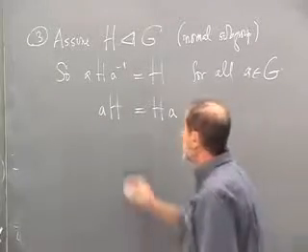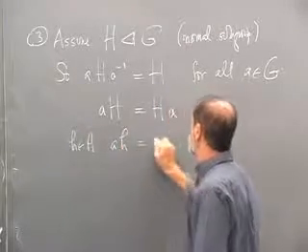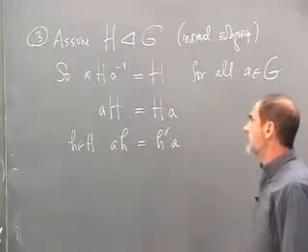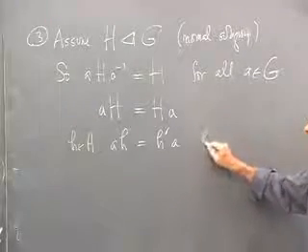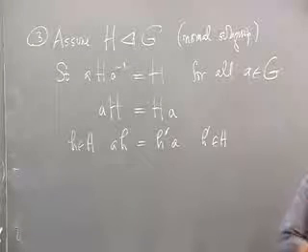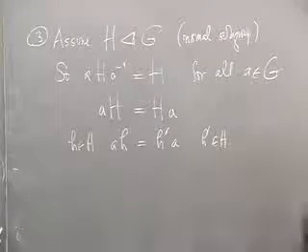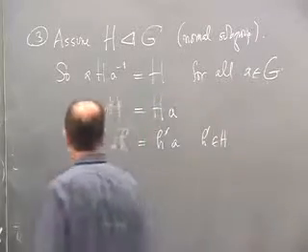Okay? Doesn't mean that A commutes with everything in H. It means that if you have an element in H, then Ah can be written as some h prime A, for h prime in H. It just preserves it as a set. It doesn't commute with everything in H. Okay?